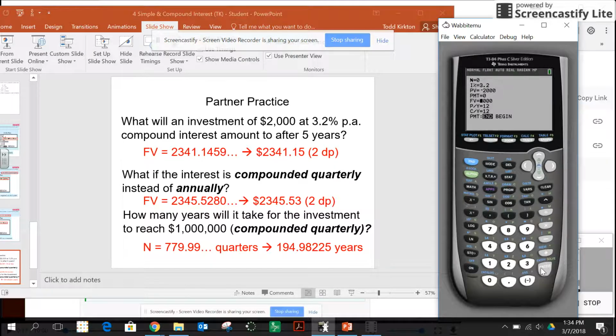No payments. Future value, $1 million. And on the second one, we're compounding 4 times a year. So I'm going to solve for the time. Alpha solve, 779, and I divide that by 4 to get my years. So that's where the years number comes from.